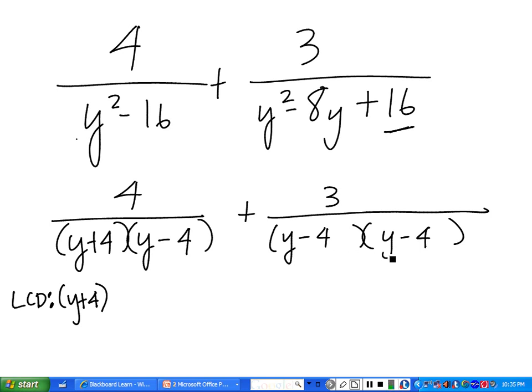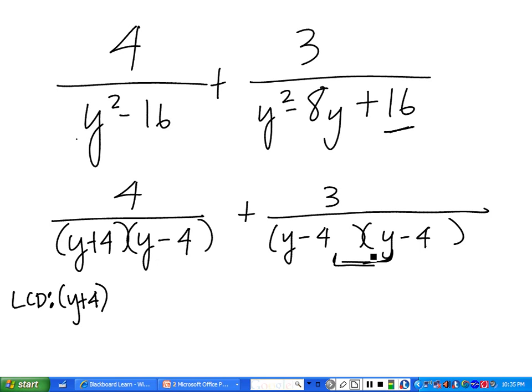Now how can I get both of these denominators to look the same? I need a y plus 4 in both of them. But guess what? I need 2 y minus 4s in both of them, because I have 2 on this side. It's not going to look the same if I only had 1 y minus 4 on this side. They're not an exact match. Since it's 2 on this side, I actually need 2 y minus 4s on this side.